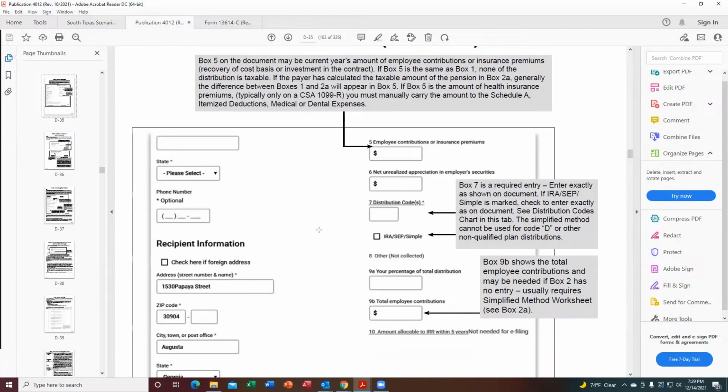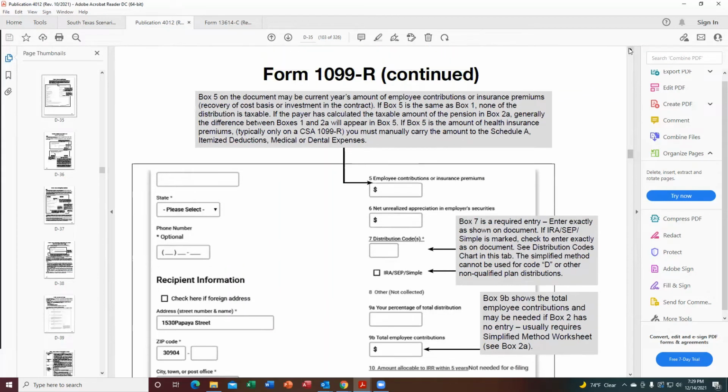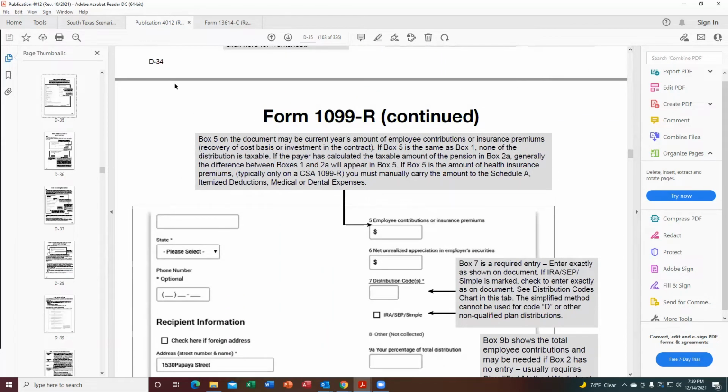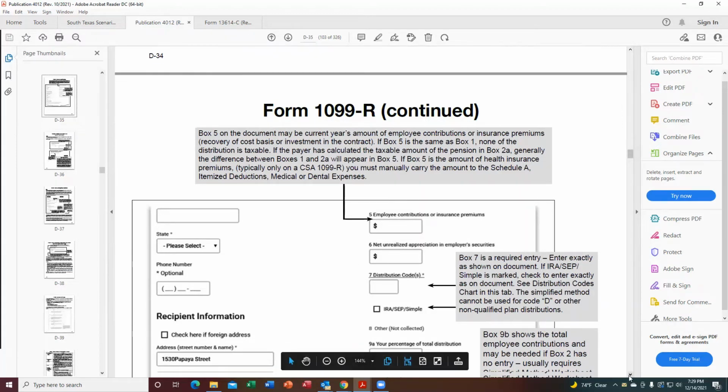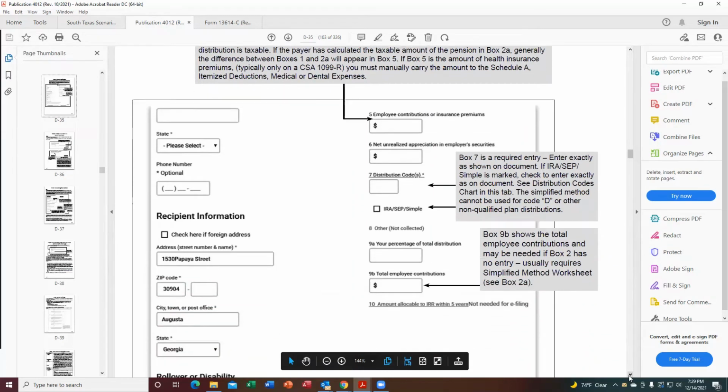Okay. So right in here, this is page D35 in your 4012. So this is the form that we were at on the 1099-R. And here is the information regarding distribution codes.